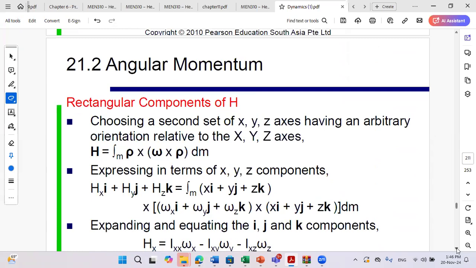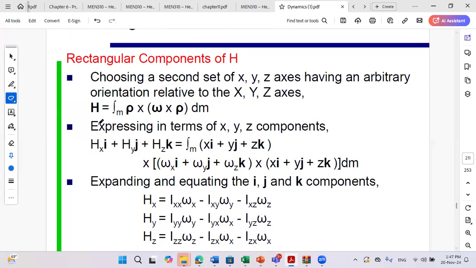Okay, but now how to compute, if you want these equations in Cartesian coordinates, the components of the angular momentum H_x, H_y, and H_z. All you have to do is to develop the formula, and for a general xyz axis, it is the integral over m of rho cross omega cross rho dm.